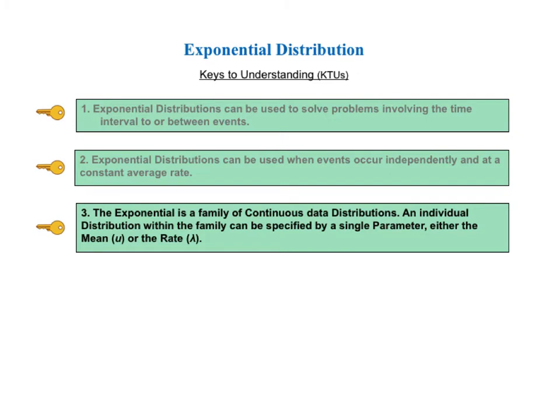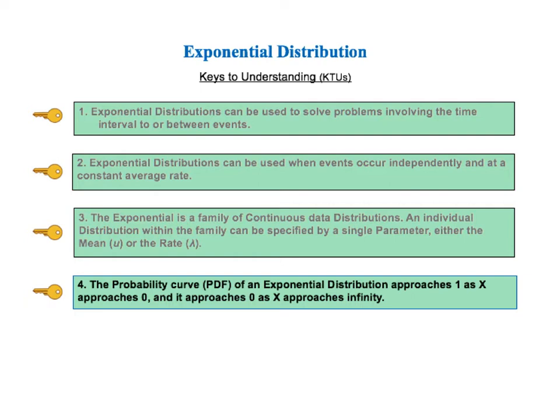The third key to understanding says the exponential is a family of continuous distributions. An individual distribution within the family can be specified by a single parameter, either the mean, mu, or the rate, lambda. The fourth KTU states the probability curve, PDF, of an exponential distribution approaches 1 as x approaches 0, and it approaches 0 as x approaches infinity.